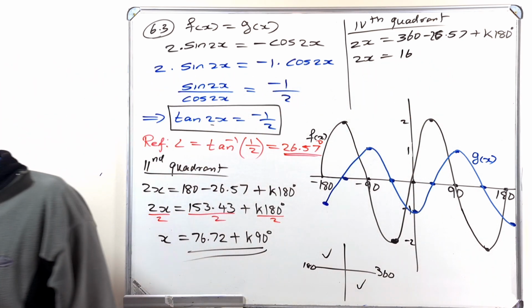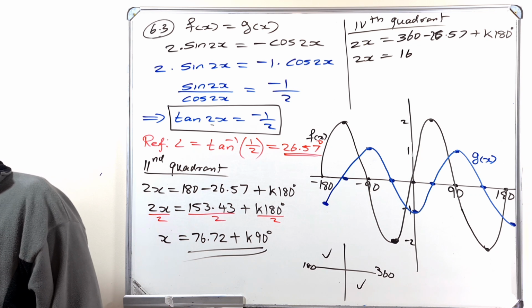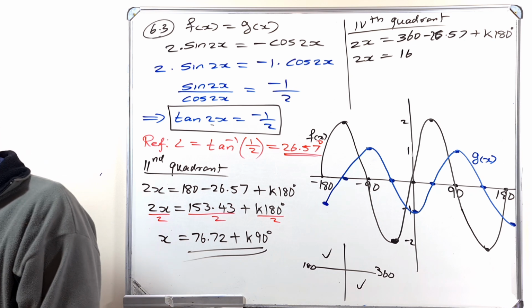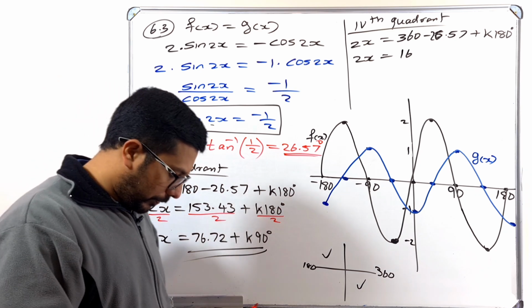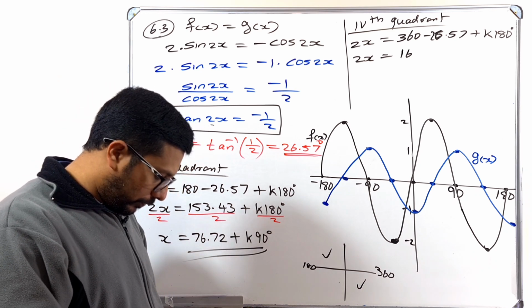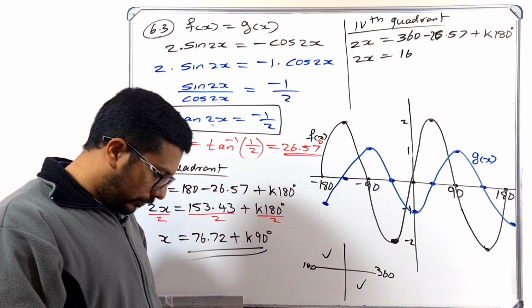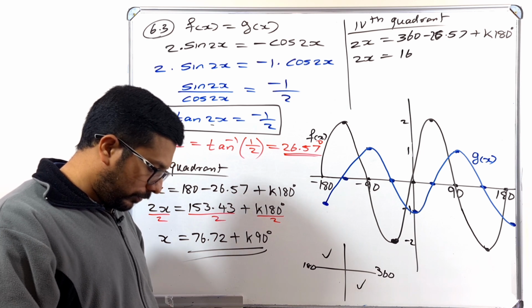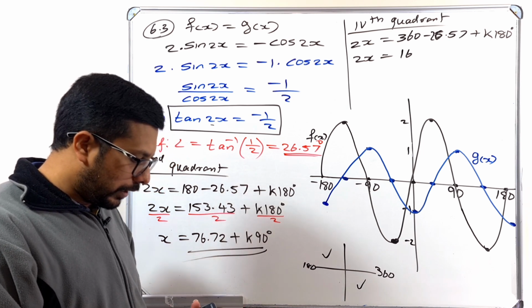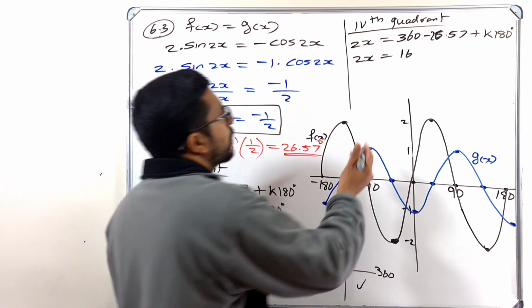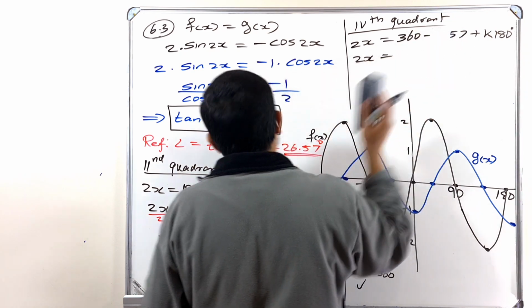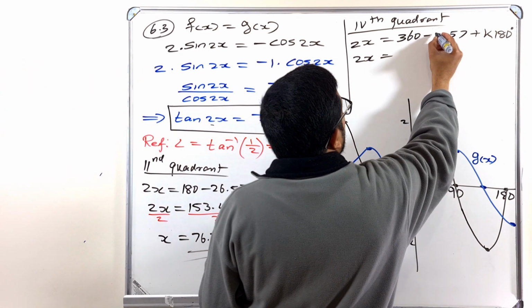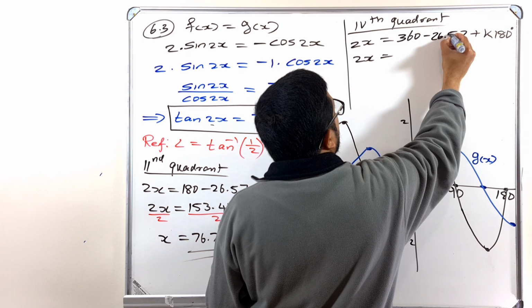No. That is 360 minus 26.57, which is 333.43. So let me erase that one. This is 26.57.